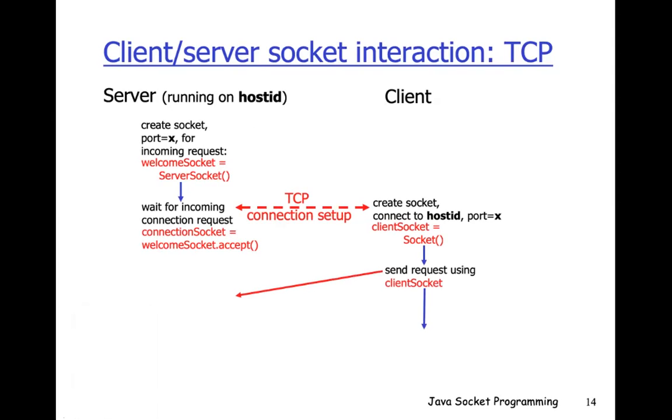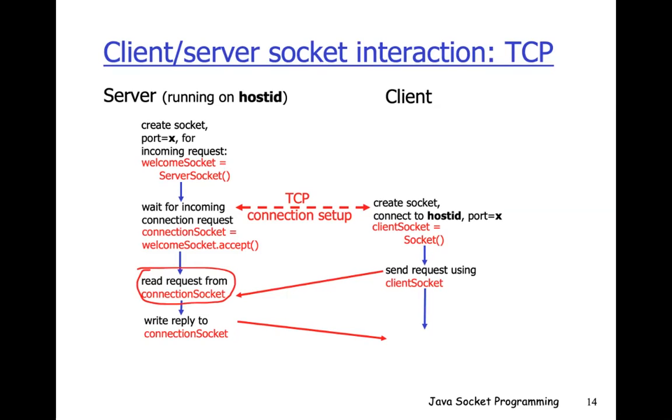And then, when you accept, the client can send out the data and the server side can read from the connection socket. The welcome socket will not be used after it accepts the connection.